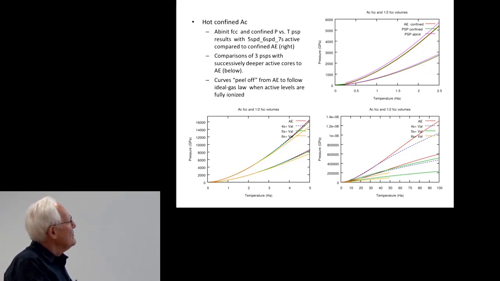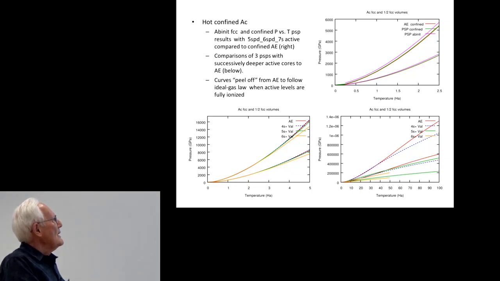The confined pseudopotential and Abinit are shown here. Abinit is the purple. This is for the equilibrium FCC structure, and this is for twice the density. So there's a little bit of offset, but the temperature trend is right, and that's what I care about. So I say this is evidence that this is a good enough way to compare pseudo and all-electron to get to these very high temperatures.